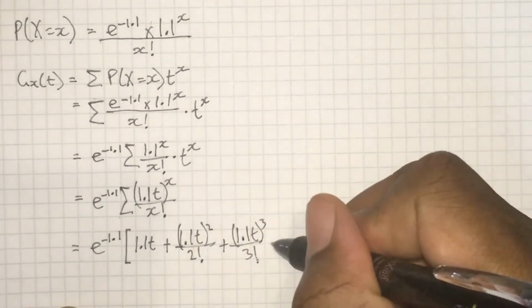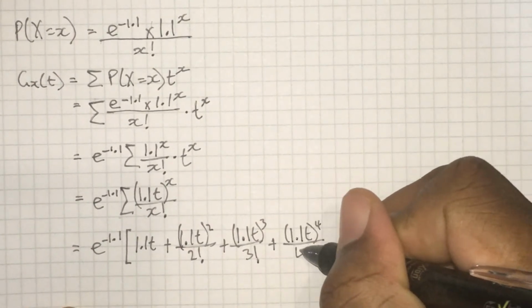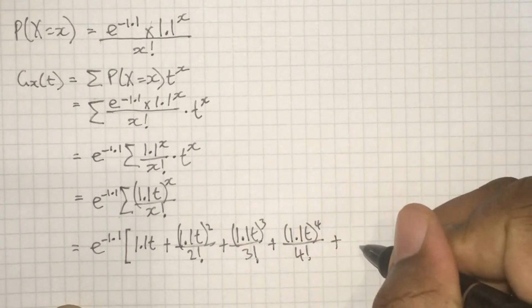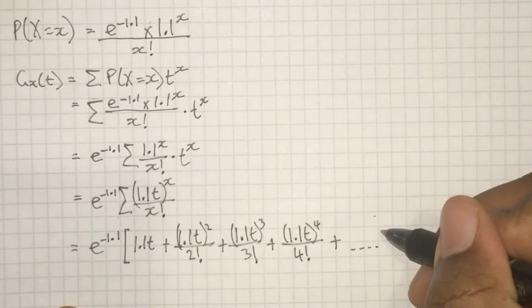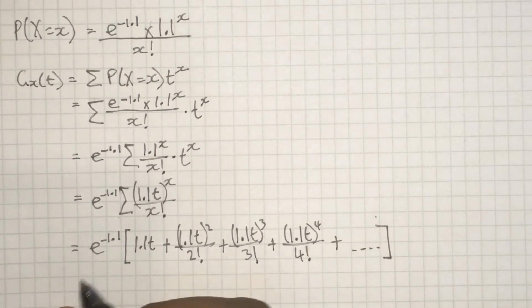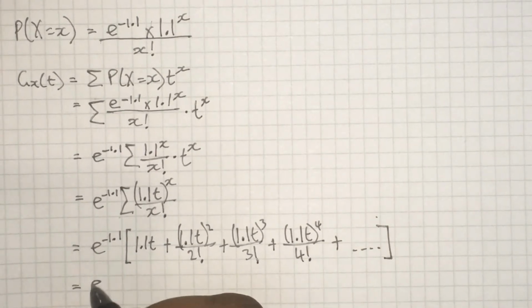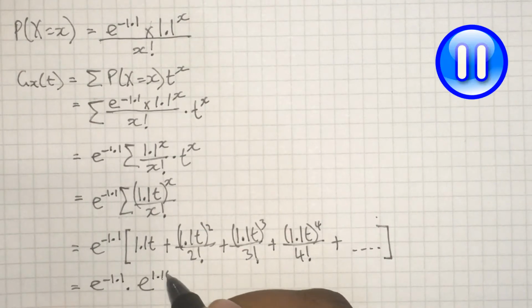And you might start to recognize that actually in my square brackets, we have the Maclaurin expansion, specifically the Maclaurin expansion for e to the x, where in this case x is 1.1t. So that actually means that I can replace the whole of this square bracket with e to the power of 1.1t.